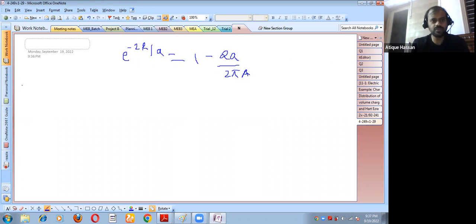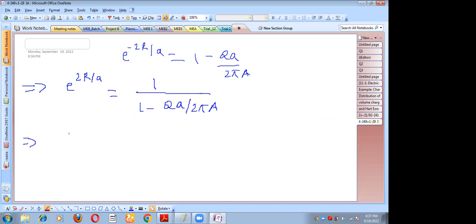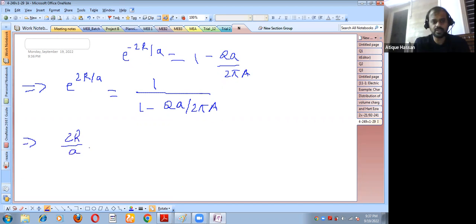So from here we can take the cross things. E to the power 2R by a will be reversed, it will come in the denominator, so it will be 1 minus qa by 2π a. Yes, sir. Here you can write 2R by a will be equal to log e of 1 by 1 minus qa by 2π a.